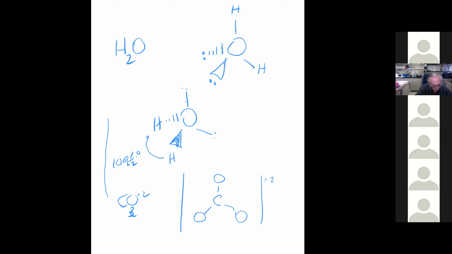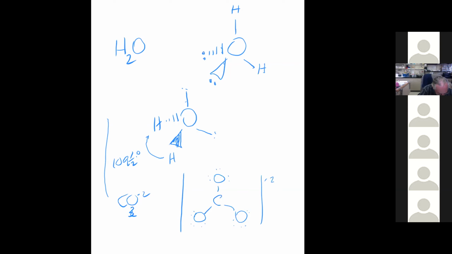So then I put in all my valence electrons, and I would end up having, let's see, like that. The extra 2 that came from here, right? So then I have to put a double bond somewhere.